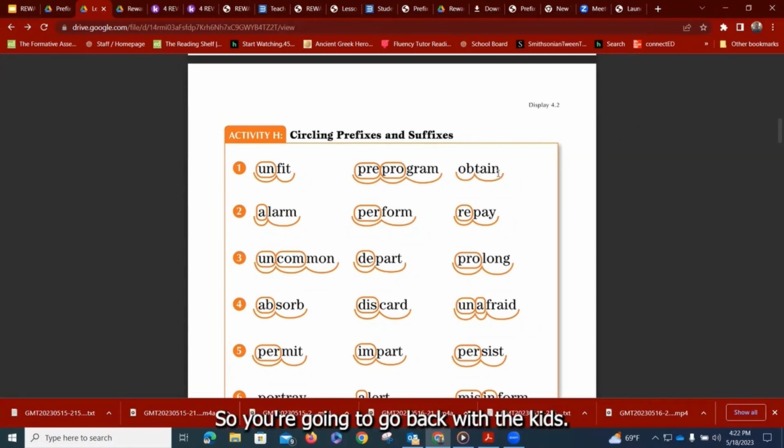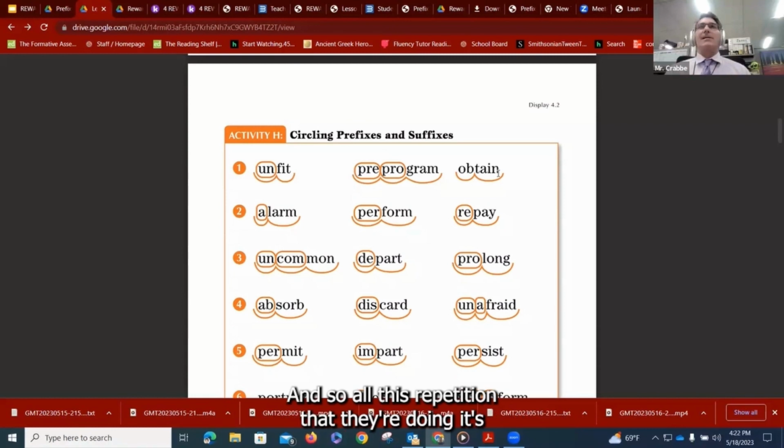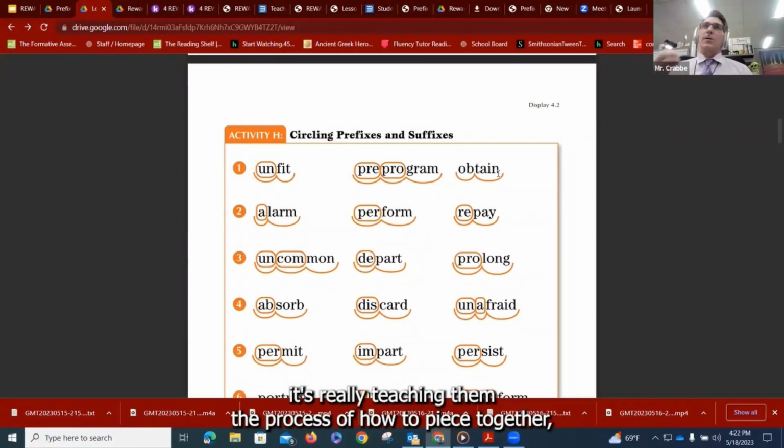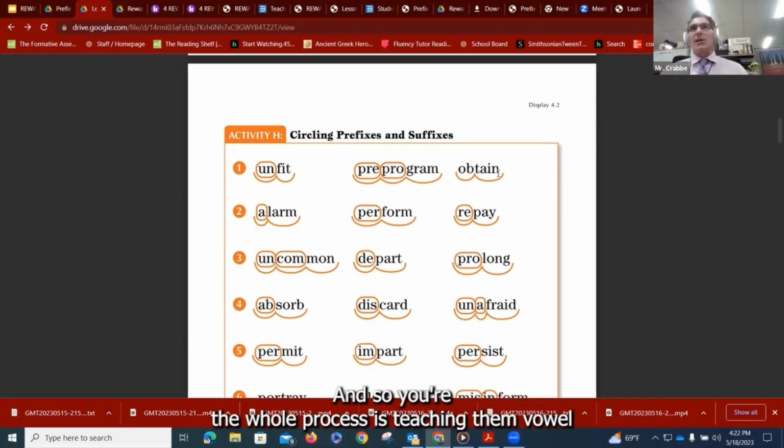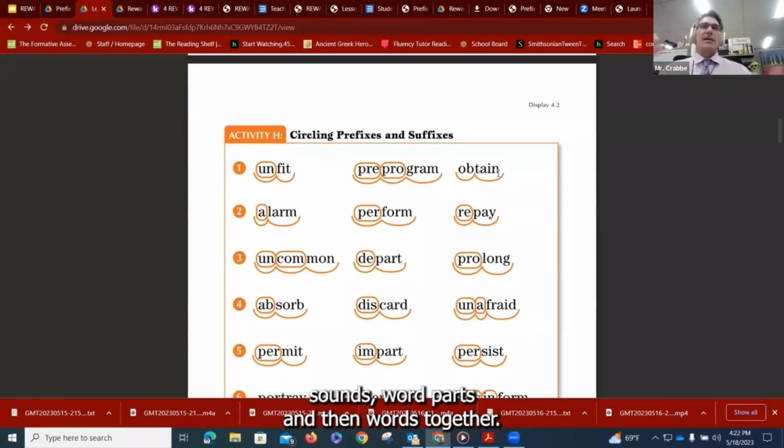Very good. So you're going to go back with the kids, and all this repetition that they're doing is really teaching them the process of how to piece together the word parts and then read the words, but also the sounds. And so the whole process is teaching them vowel sounds, word parts, and then words together.